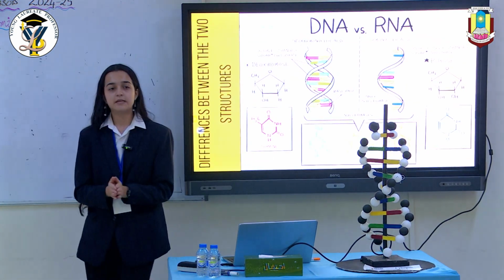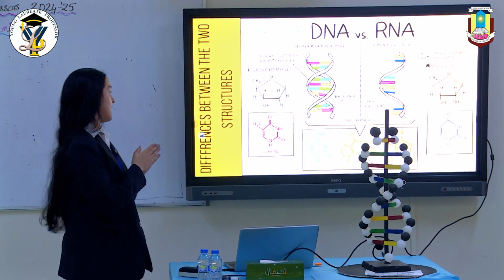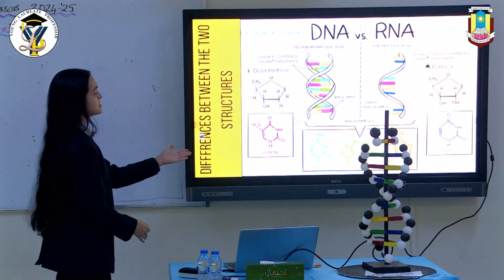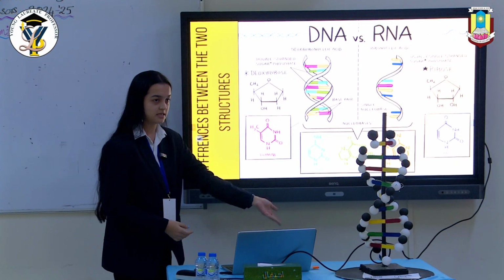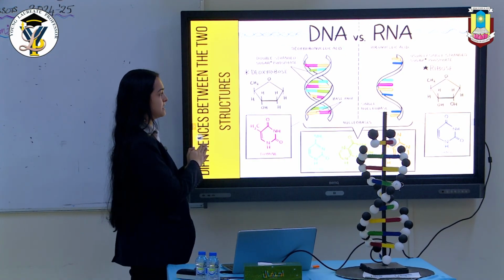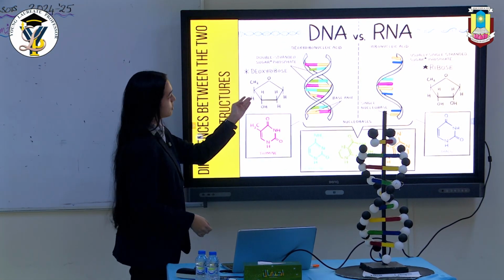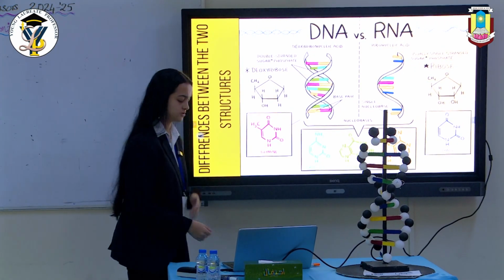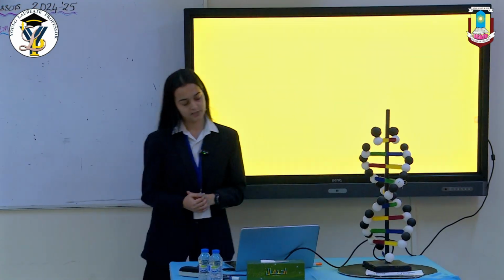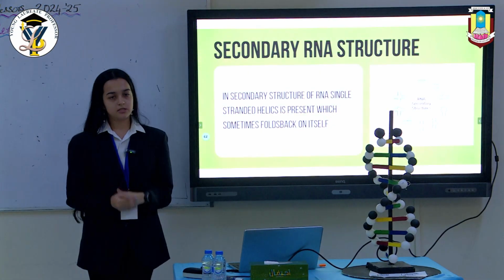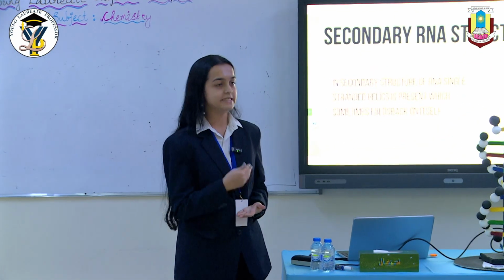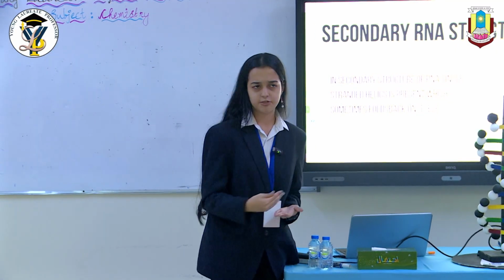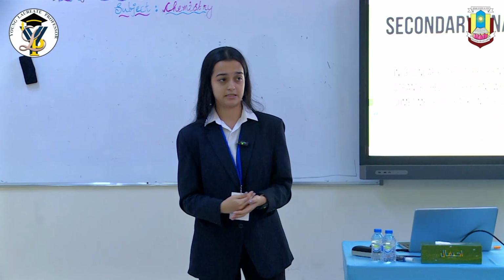Here we can see the difference between the structure of a DNA as well as an RNA. The main difference between them is obviously the thymine and the uracil component, each present in only one of them. And deoxyribose sugar and ribose sugar also differ in RNA and DNA. So I have discussed the secondary structure of a DNA, which was introduced by Watson and Crick, which is the double helix structure.